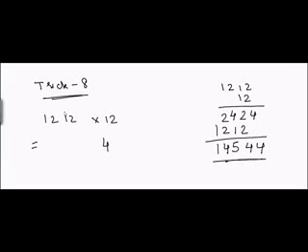Then the next number is 2, so I multiply 2 by 2 and add the 1, so that will be equal to 5. Then I'm done with this number, so I have 1 left.